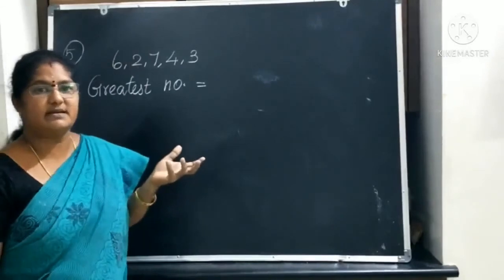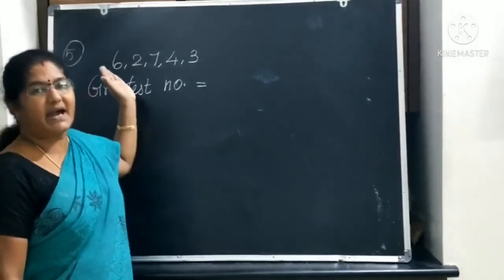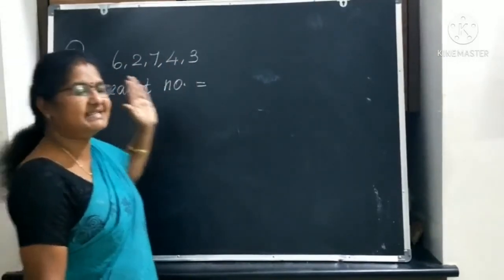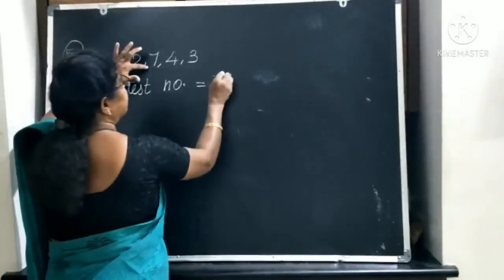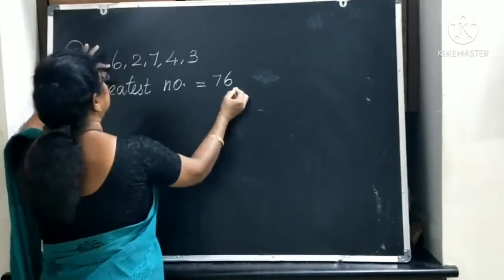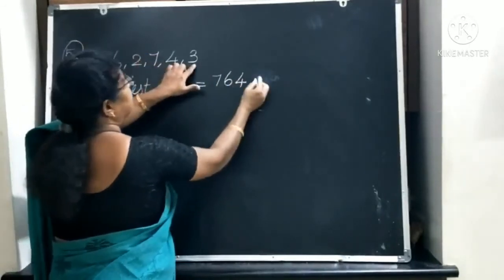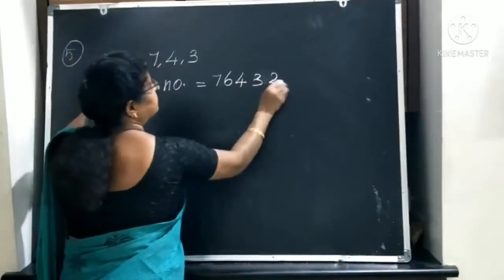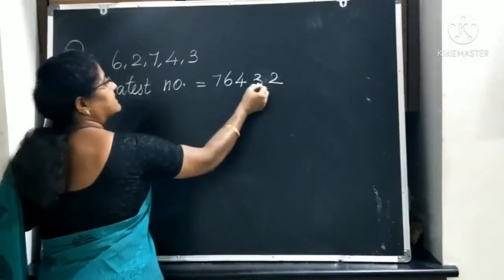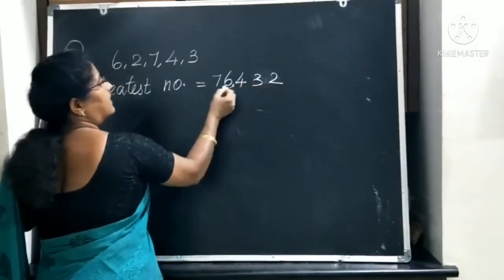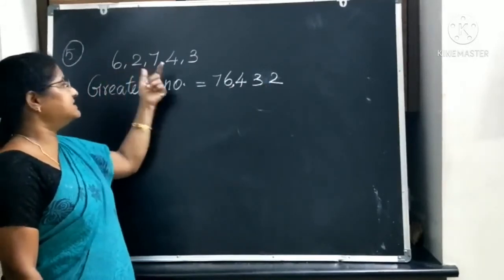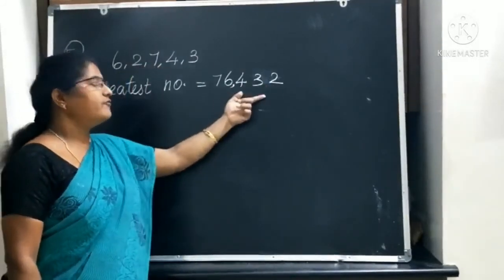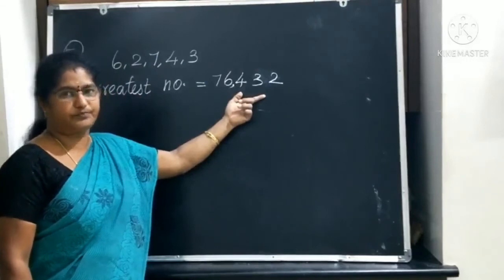So how do you write the greatest number? We arrange these digits in descending order, biggest to small. So which is the biggest number? 7, next 6, next 4, 3, then 2. Ones, tens, hundreds, thousands, ten thousands. So the greatest number using these digits is 76,432.